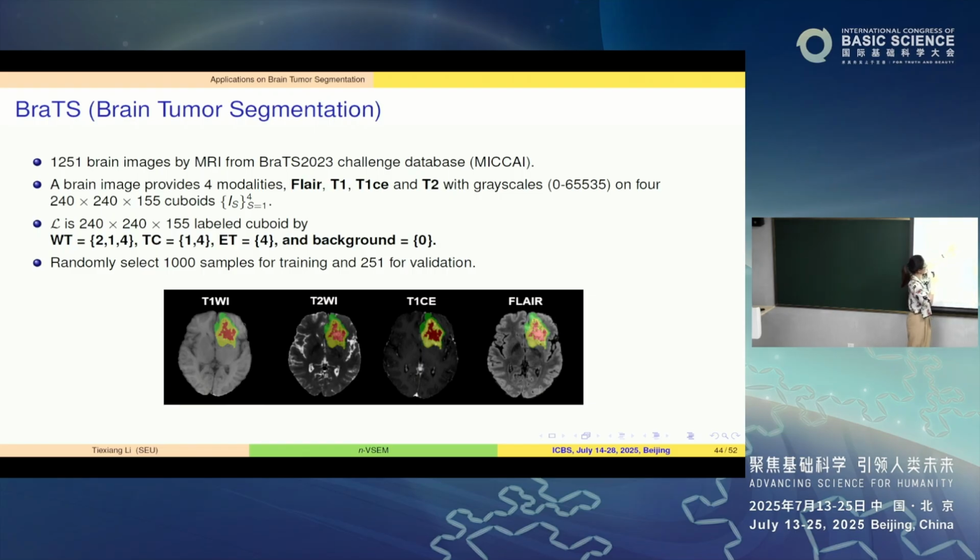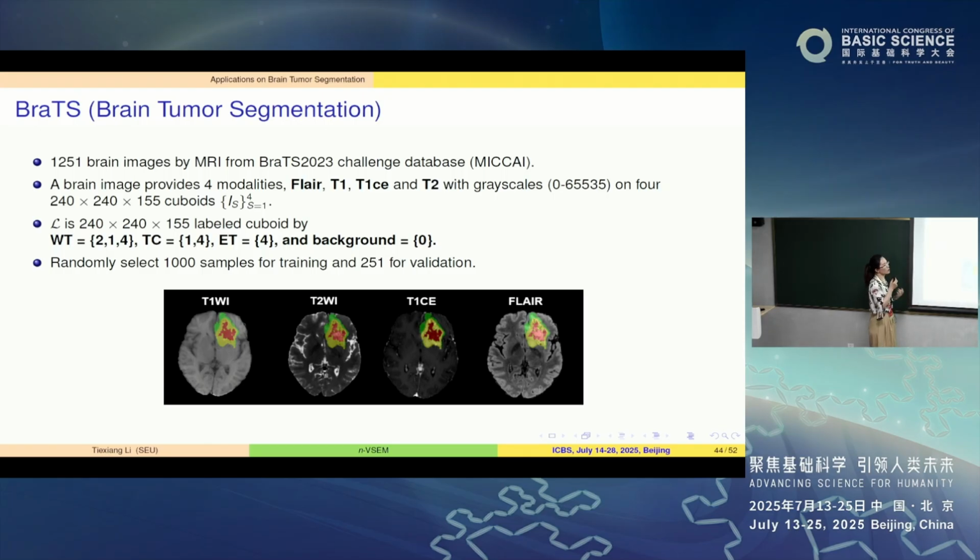This challenge is for brain tumor segmentation. In it, we have more than 1,000 brain images by MRI, and each brain image has 4 modalities: FLAIR, T1, T1CE, and T2, with gray scales. It is a 3D MRI image.